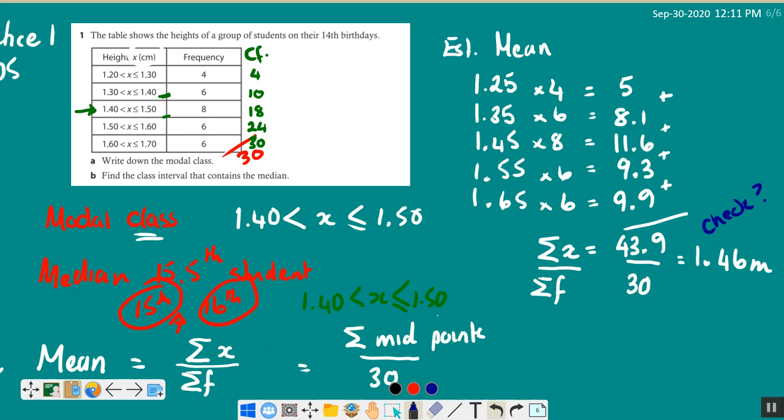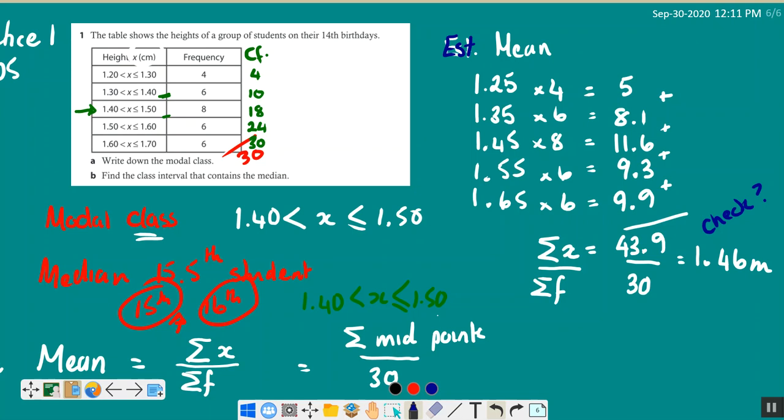So anyway, that is the mean. Just remind me again, why is it an estimate, Owen? We're not using the actual numbers. And to be honest, you might get asked, why is this an estimated mean in a test?